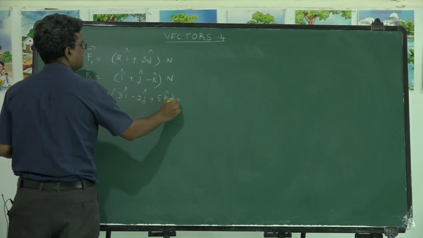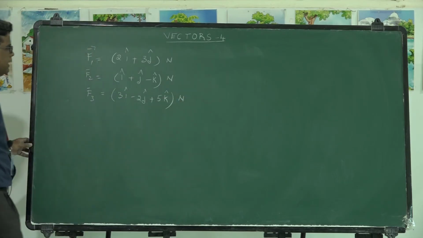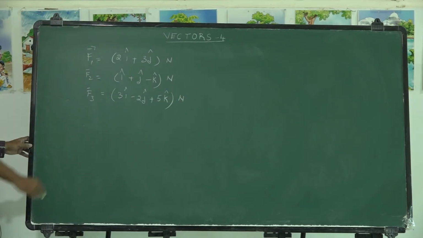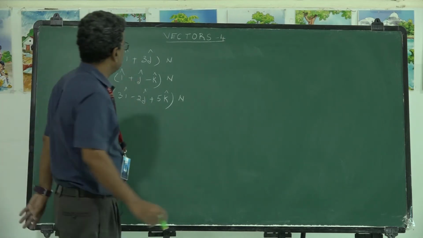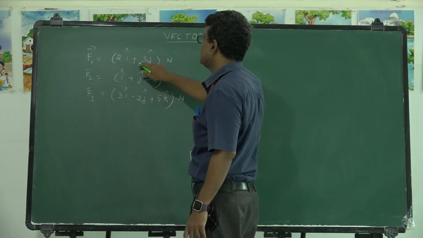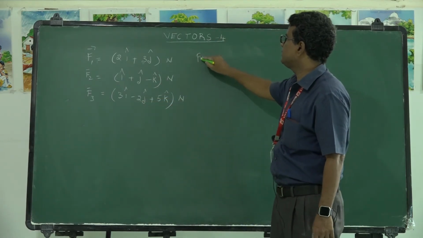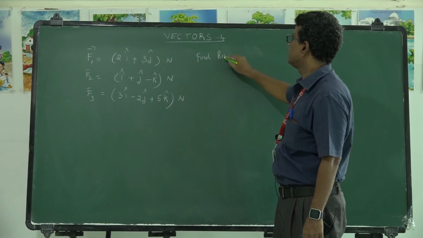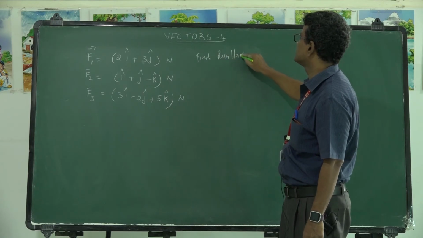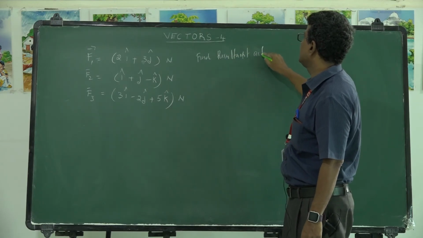These are the forces in newtons acting on a body, represented in terms of vectors like this. Find the resultant force acting on the body.